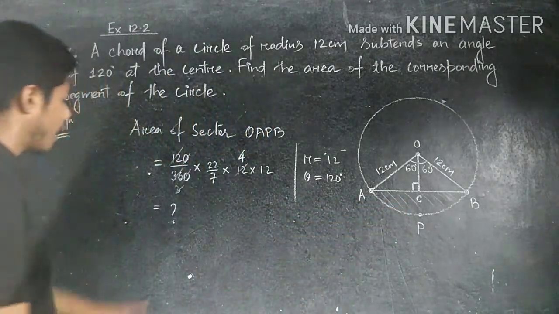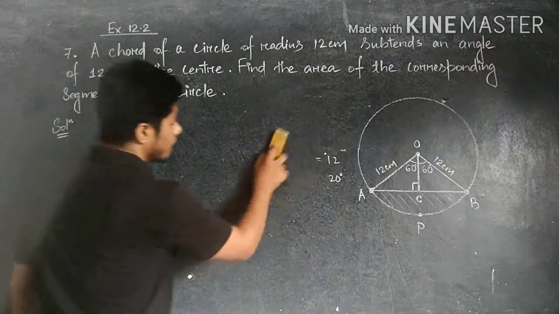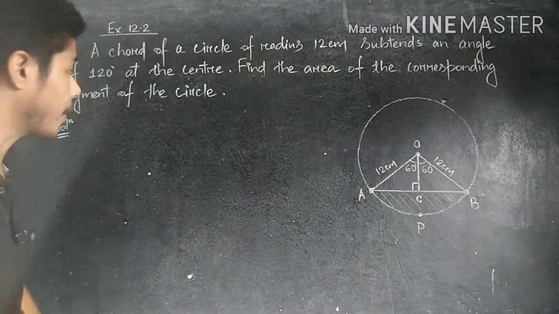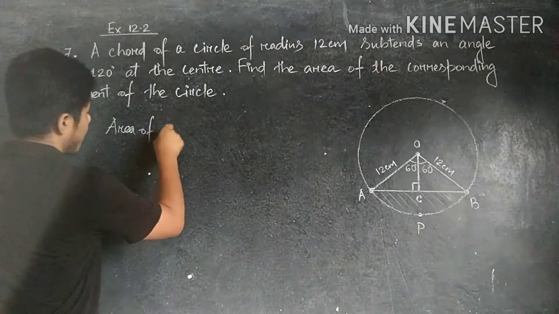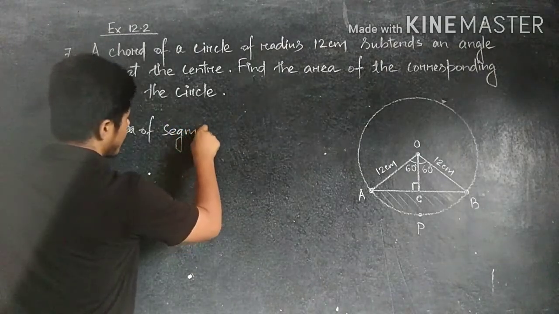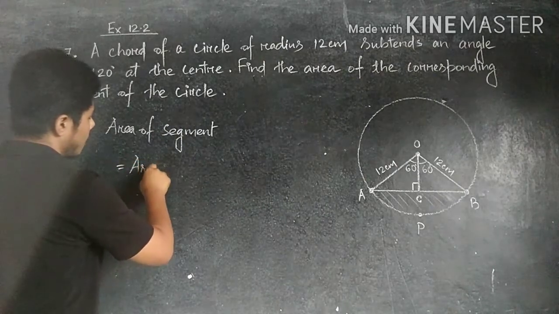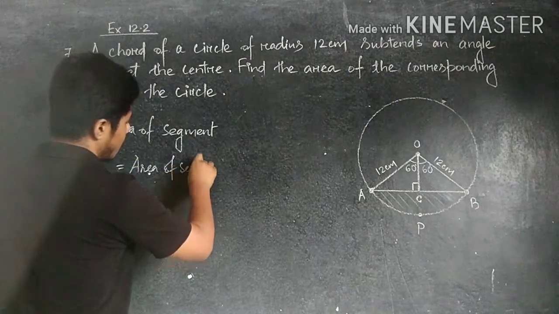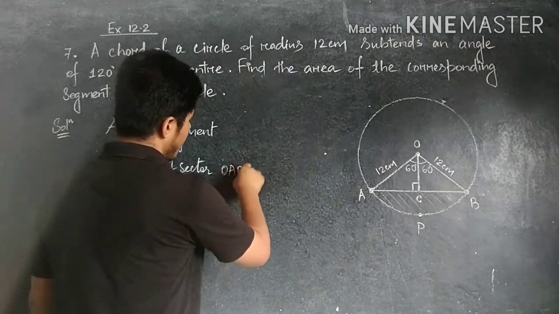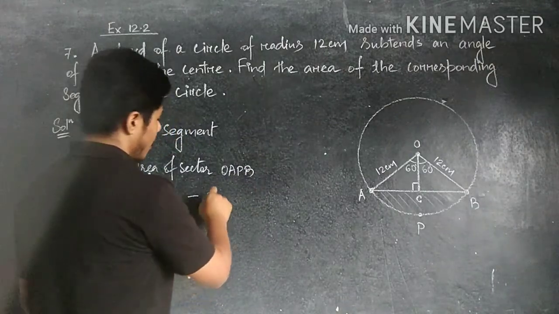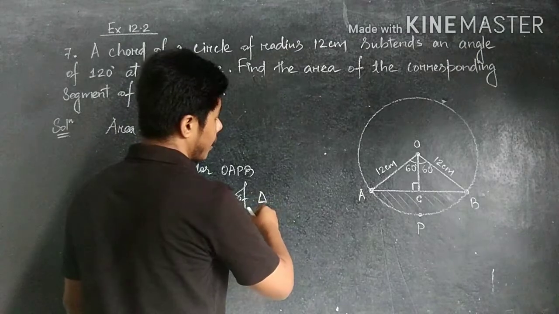So finally, after getting this result, now area of segment we have to find out. So you have to write area of segment equals area of sector OAPB minus area of triangle OAB.